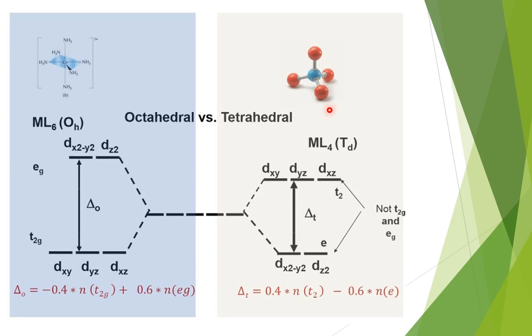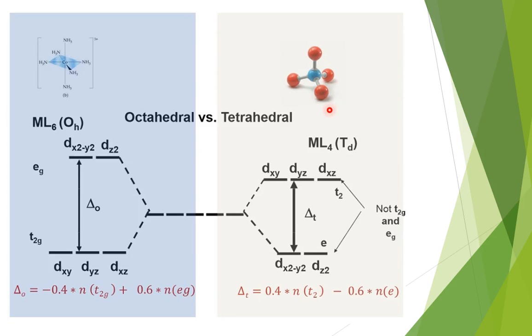Here is the comparison of octahedral and tetrahedral. In octahedral, t2g is at the bottom and eg at the top, whereas in tetrahedral, e is downwards and t2 is upwards. Here it is not g, it is only e and t2. There is a difference in the splitting energy also.